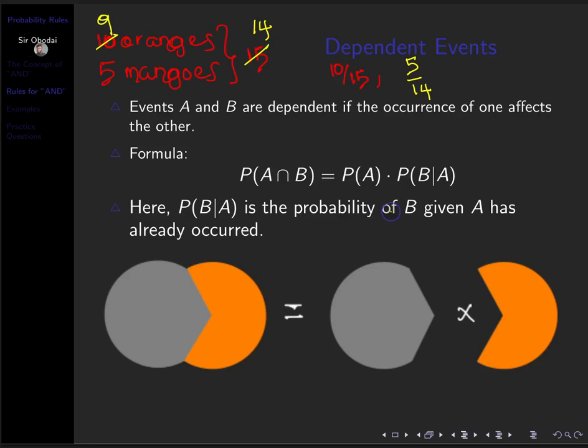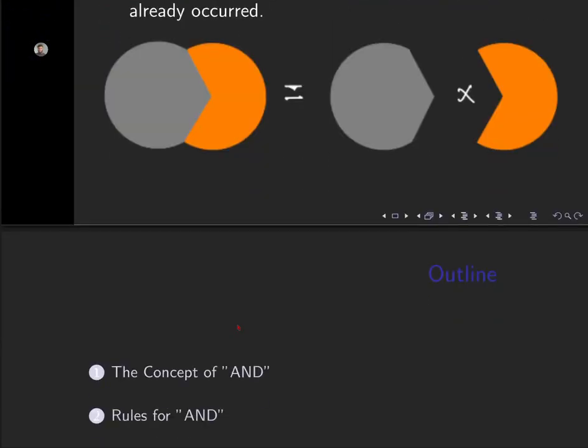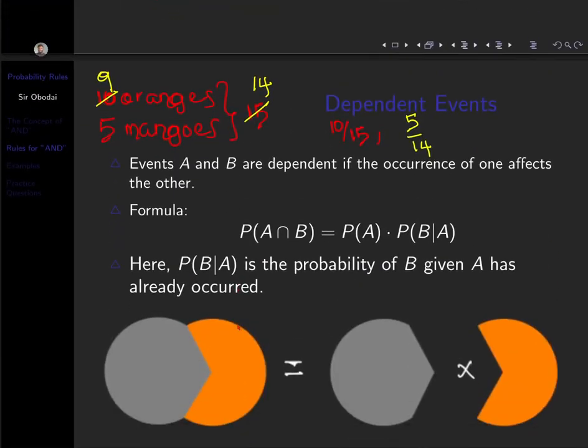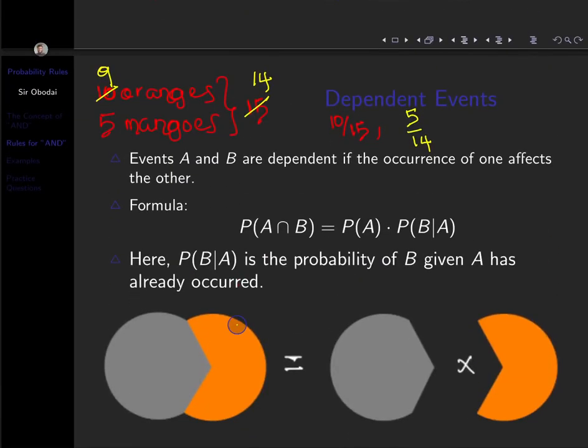Right? So what have we looked at? We've looked at calculating probability with "and", that is when two events occur simultaneously. There is the first one, which is the dependent, and the second one, which is the independent. For the independent, all we need to do is multiply both probabilities together.